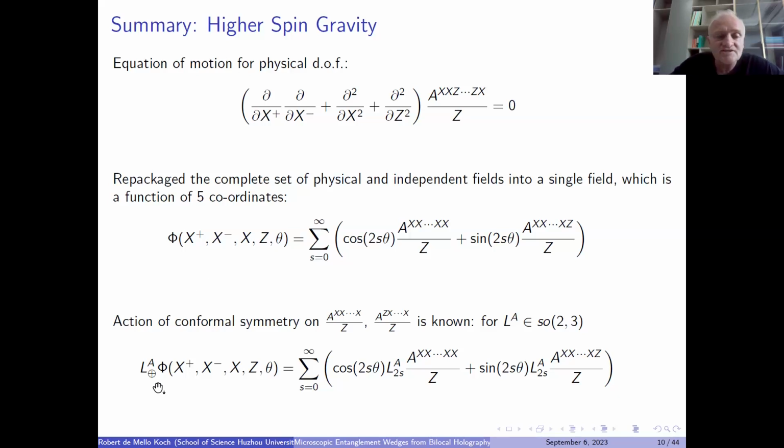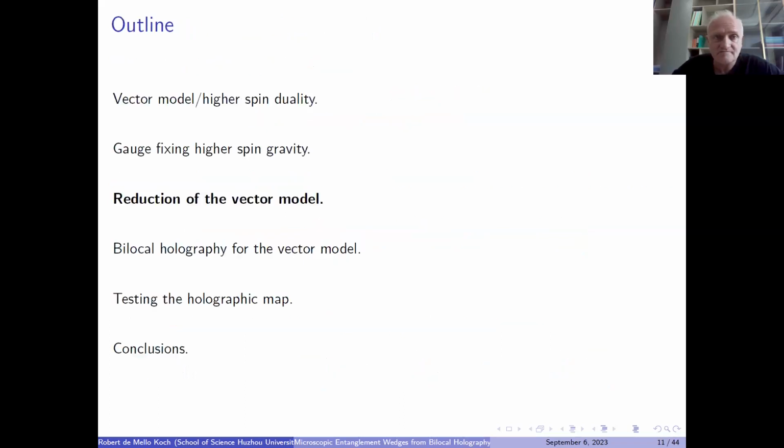And finally, the action of the conformal group, which I've denoted with L subscript direct sum, is given by the action of the generators in the spin 2s and dimension 2s plus 1 representation on each of the gauge fields. So I've written direct sum here because you're actually using a different generator of the conformal group on each gauge field. So that's the completely gauge fixed gravity description.